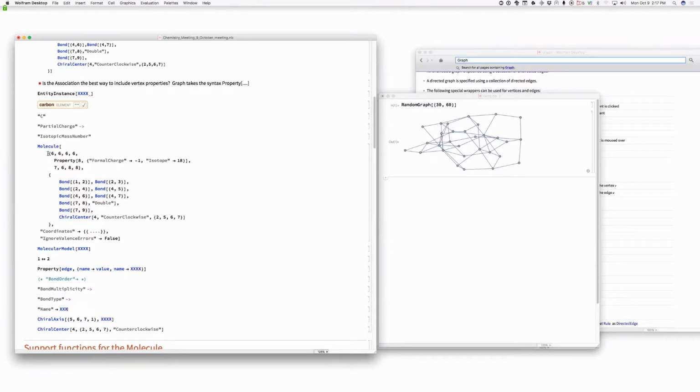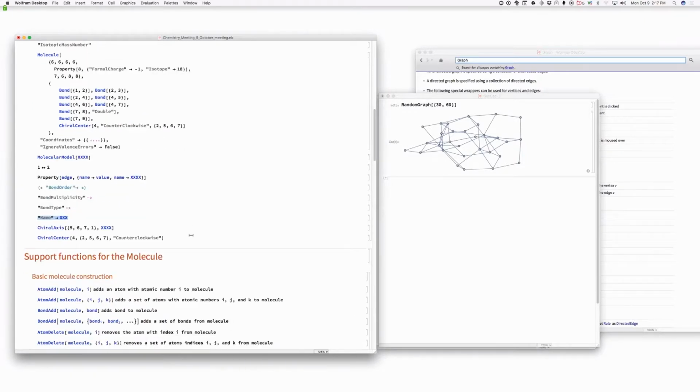We could either have an association for the whole thing, in which case everything has a name, or we could just give this particular element of that list of vertices, i.e. atoms, a name as part of that. Does that make sense? Right, so a name key in that key-value pair. Yeah, right, along with formal charge and so on. So the vast majority of atoms will not be named, but a few will be, and you can refer to them by that name.